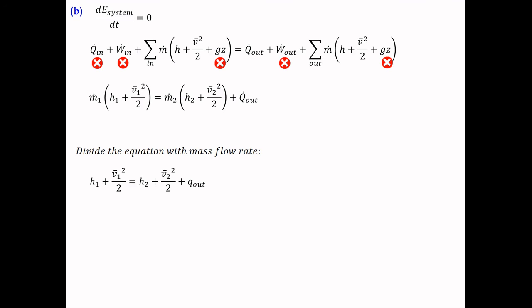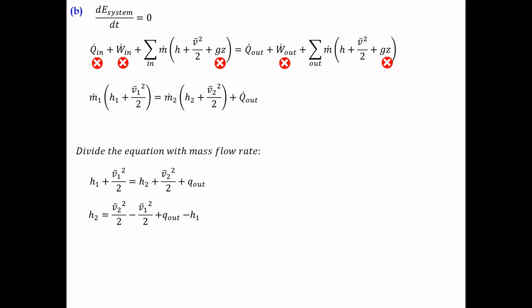The aim actually is to get one data that involves the outlet of the nozzle in order to determine the temperature at the exit of the nozzle. So from this equation, we want to determine the value of enthalpy h2. From the value of h2, we can determine the temperature T2.